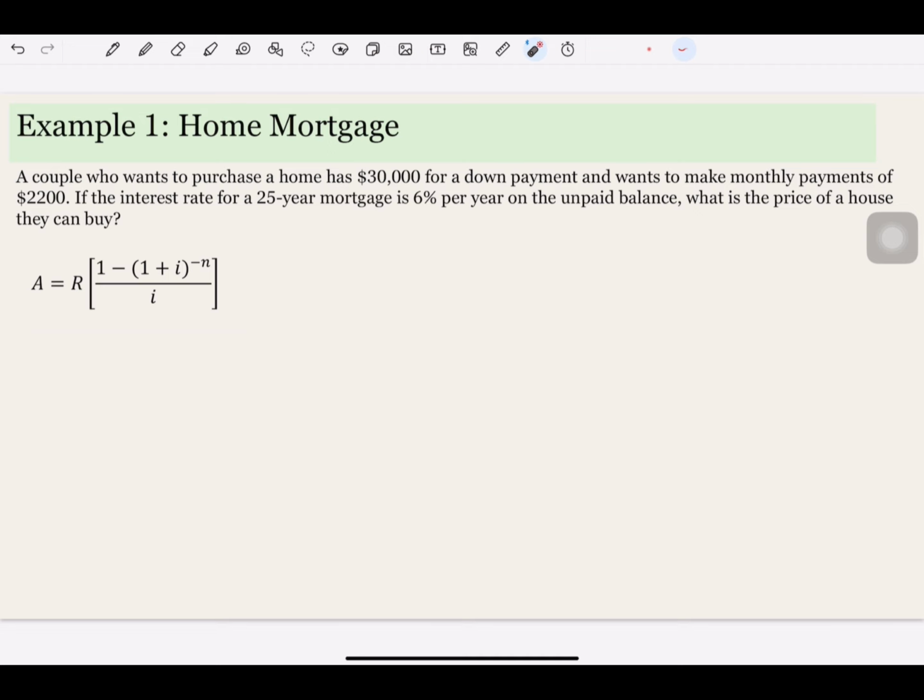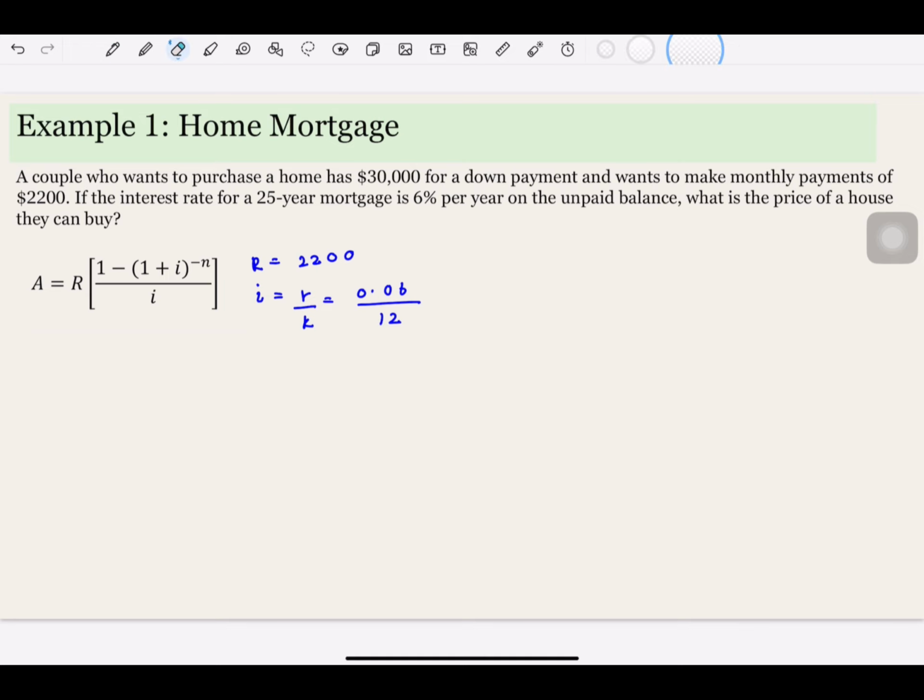We will be using the present value of an ordinary annuity to calculate how much they can borrow. So in this problem, R is going to be $2,200, and i, the interest rate per period, is going to be r over k. Here r is 0.06 divided by k, which is 12 because this is compounded monthly.